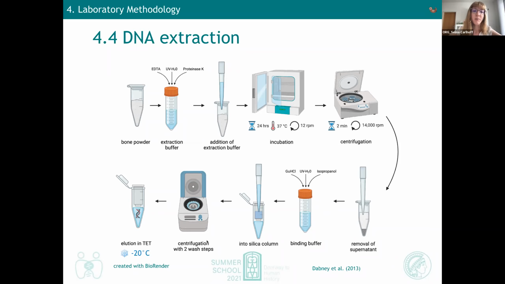In a final step, we use a chemical called TET to release the DNA from the walls of the column. So you should now have the DNA suspended in TET, and you can discard the column and store the liquid with the DNA again at -20 degrees.